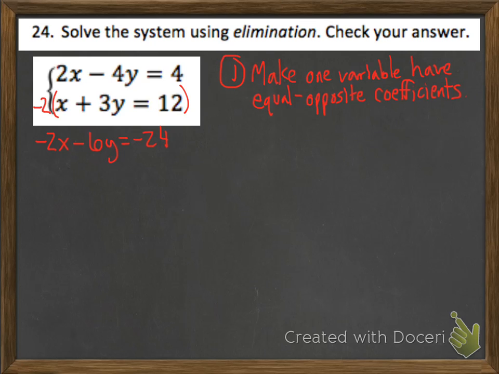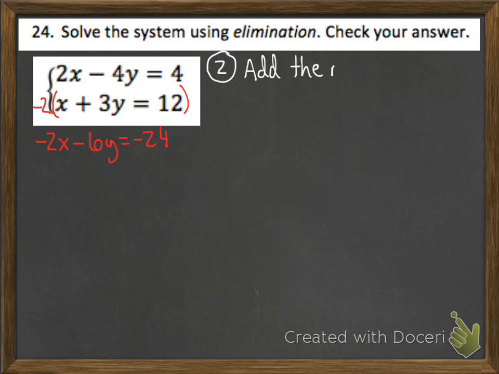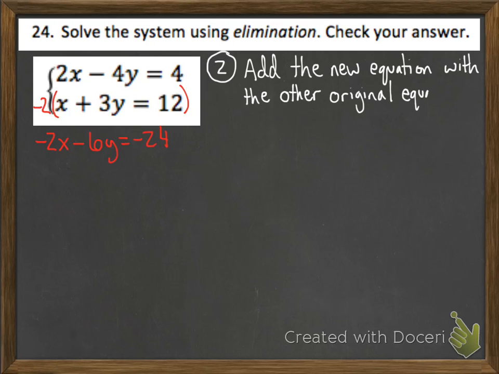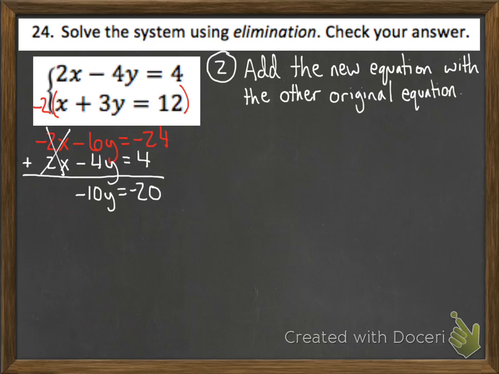Now that I have that new equation, step 2 is to add the new equation with the other original equation. So I'm going to bring down 2x minus 4y equals 4 and add them together. Again, my x's drop out. This is elimination. We're getting rid of one of our variables. Negative 6 minus 4y is negative 10y, and negative 24 plus 4 is negative 20.